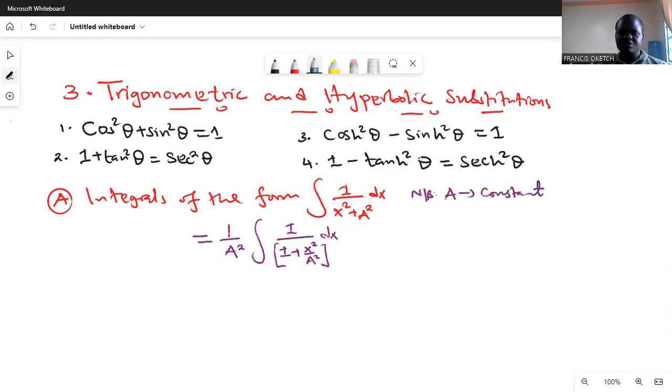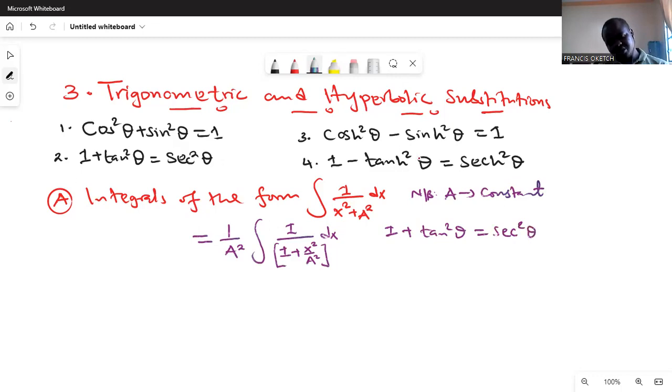So which trigonometric identity should we use here? Look at identity number 2: 1 plus tan squared theta is equal to sec squared theta. I'm going to do the comparison. 1 plus tan squared theta should give us sec squared theta.